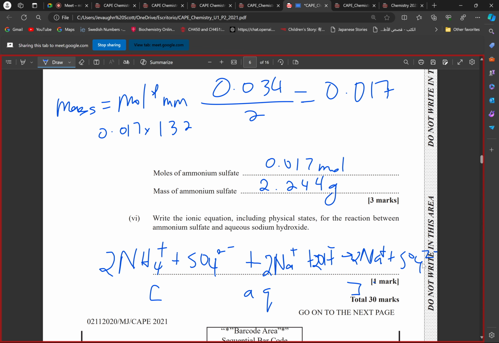Any issues here? The SO4. Any issues? Go ahead. Sir, in this case, we wouldn't remove any of the spectator ions, because then we wouldn't have any on the product side, right?